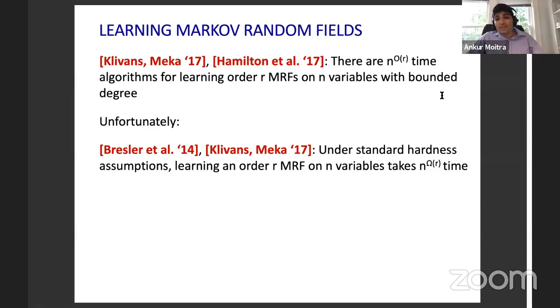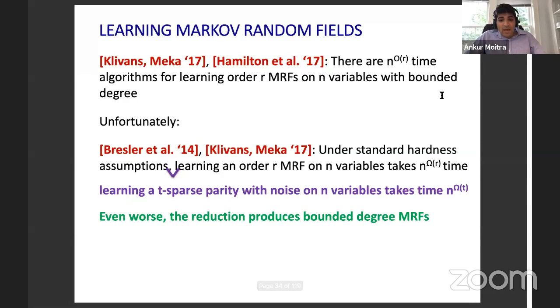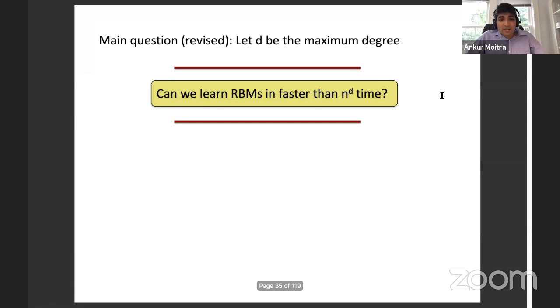But maybe Markov random fields isn't the right way to think about these restricted Boltzmann machines because it's just too hard a problem. In fact, for those of you who are curious, the hardness assumption is the notion of sparse parity with noise. And the idea is that you can embed a sparse parity with noise in a very simple order R Markov random field, in fact, one which just has a single hyperedge. So that's kind of nasty. And even worse, it produces bounded degree Markov random fields.